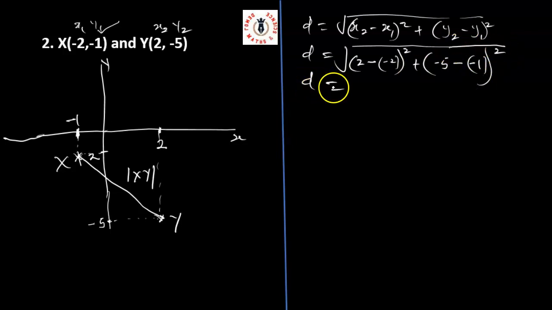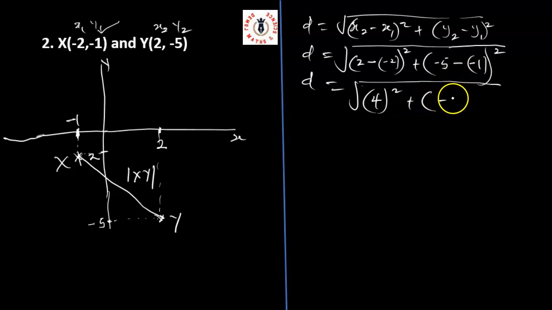So my d, which is the distance, is equal to the square root of 2 minus 2. That's 2 plus 2, that's 4 all squared. And minus 5 minus 1, that's minus 5 plus 1, that's minus 4 all squared.